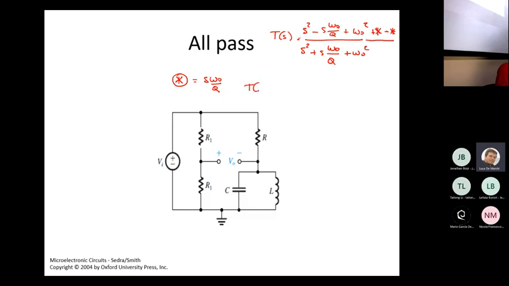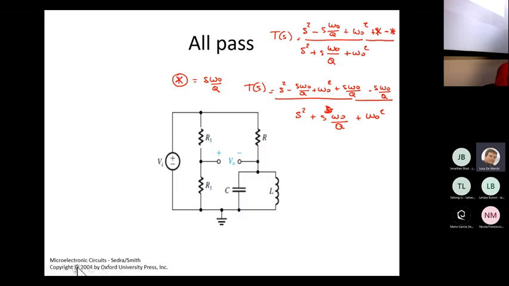We can rewrite the transfer function in the following way: s² − s ω0/Q + ω0² + s ω0/Q − s ω0/Q, and we keep the denominator like before, s² + s ω0/Q + ω0².